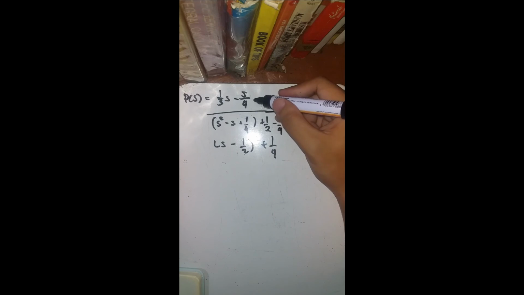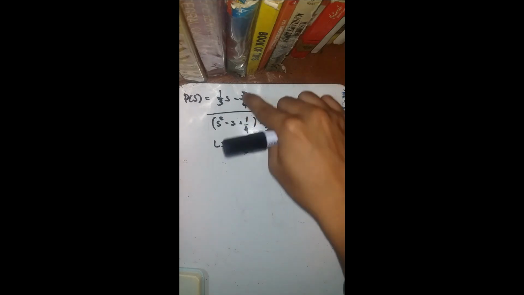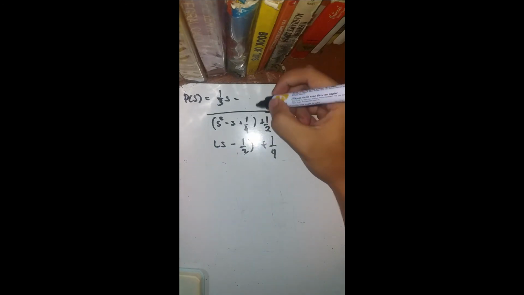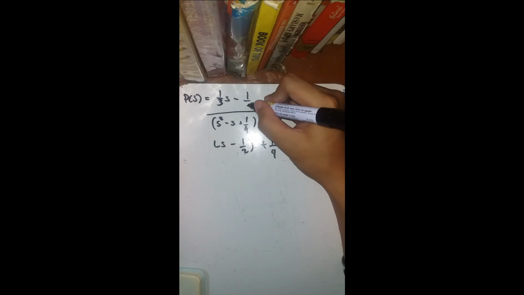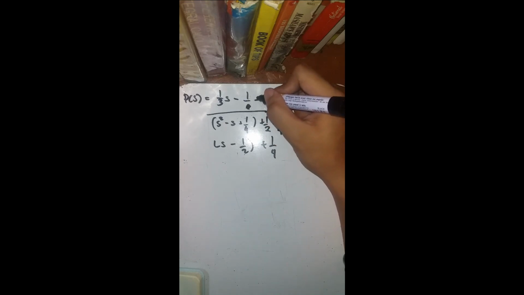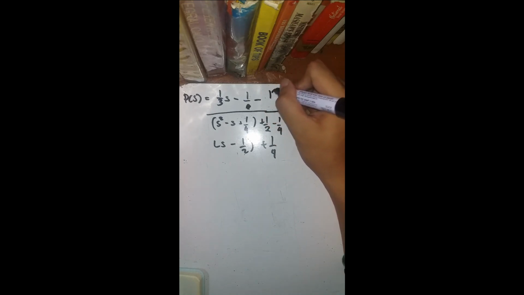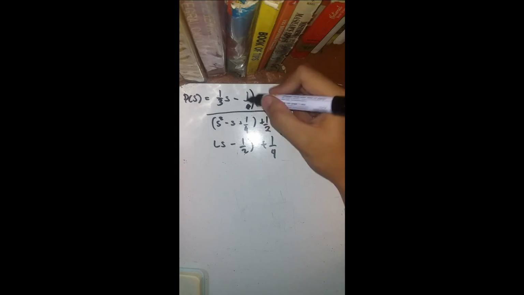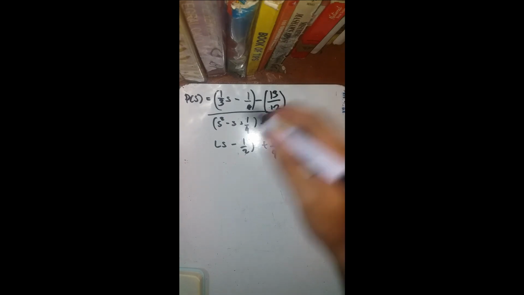Now on the top, we can try to manipulate this. So the new expression, we took out 5/4, this will become 1 over 6 minus 13 over 12. Now let's group this and try to expand.